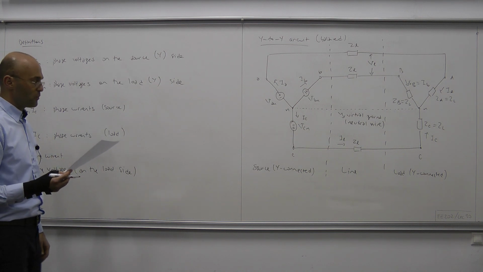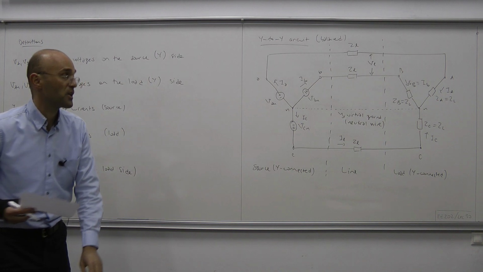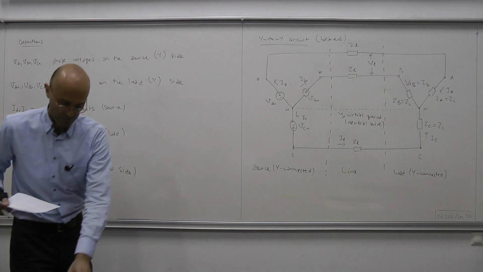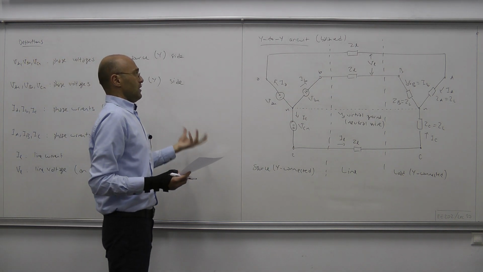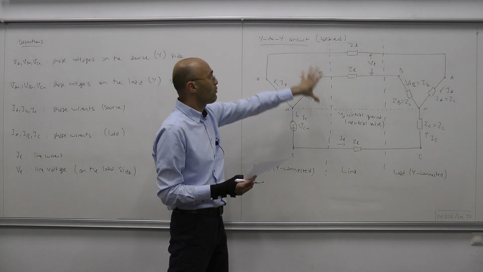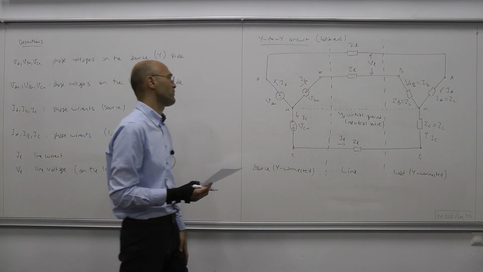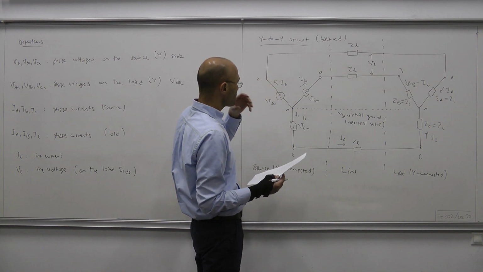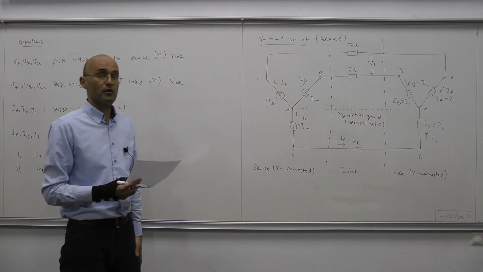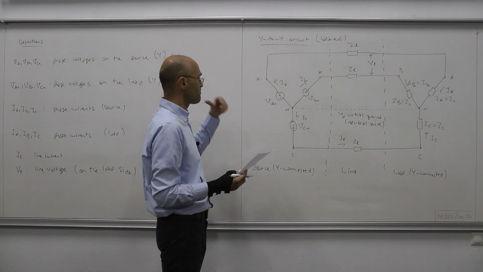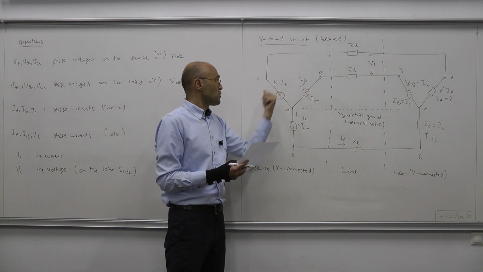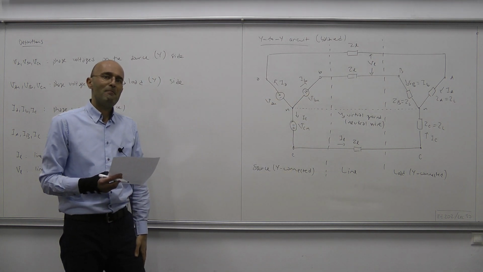Now by balanced we mean, let's be precise, because it's a Y-to-Y circuit, balance basically means symmetry, both from the impedance point of view and from the source voltages point of view. By a circuit being balanced, we mean that the source voltages make a balanced set.